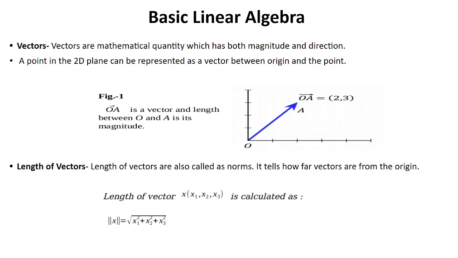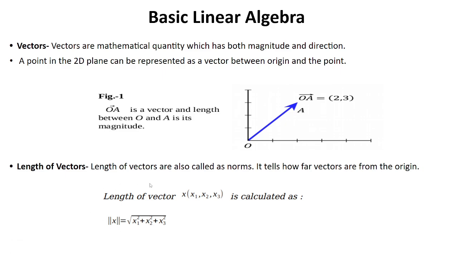A vector is a mathematical quantity which has both magnitude and direction, and a point in the 2D plane can be represented as a vector between the origin and the point. Here you can see a vector with some length between O and E, which is its magnitude.